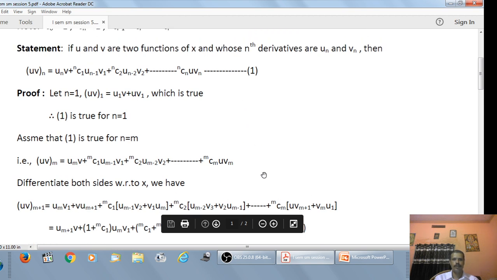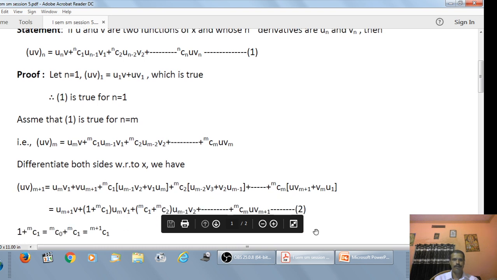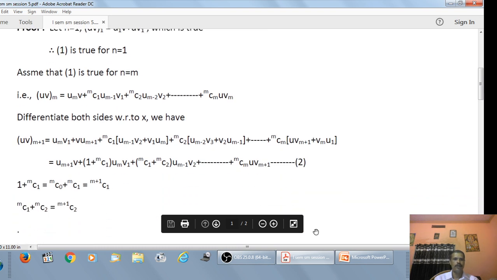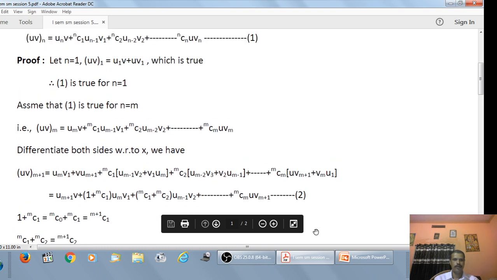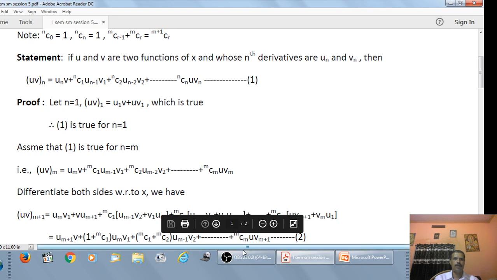The equation 1 and the equation 2. Observe these two equations. Here, apart from the constants, equation 2 exactly matches equation 1 when we replace n by m plus 1.